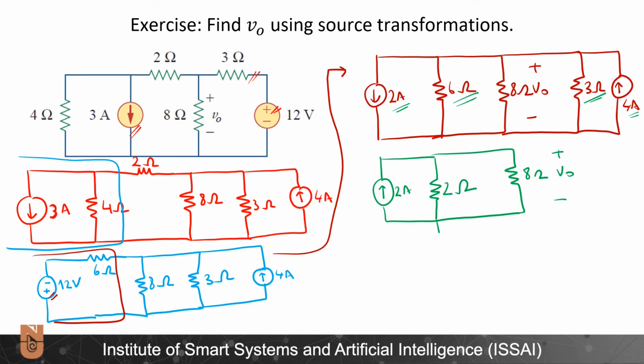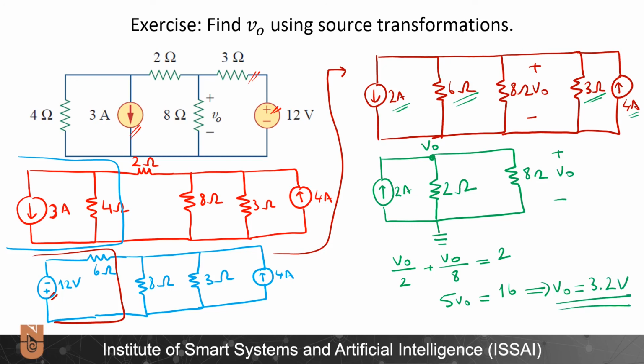Let's solve the remaining part of this question using node voltage analysis. Here I define my node as V0. V0 over 2 plus V0 over 8 is simply equal to 2. From here I have 5V0 equal to 16 and I find V0 is equal to 3.2 volts.